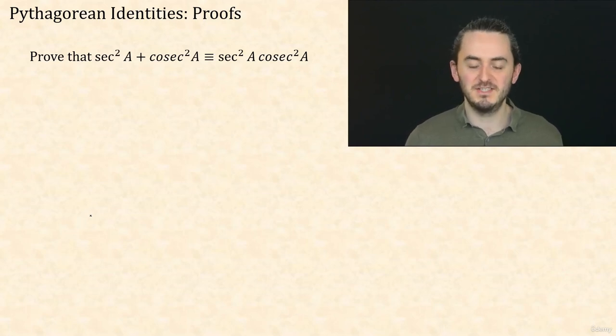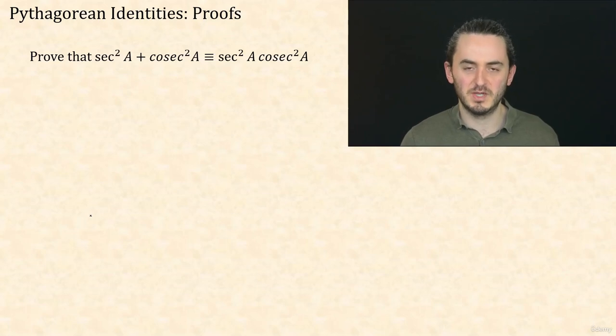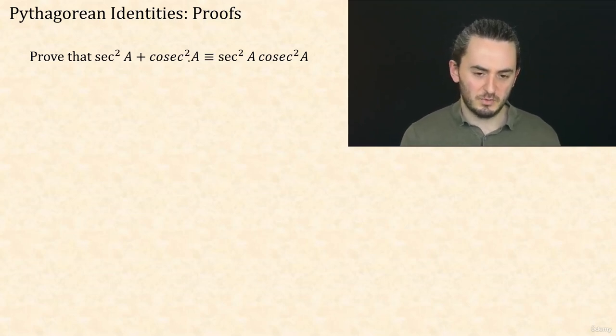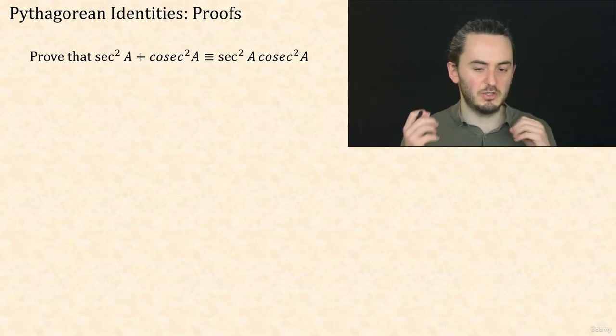Here it's not that they're different functions which we can relate using Pythagorean identities. It's that they're multiplied rather than added. A useful tip here is to think about structure. I've got two separate terms added together, and on the right they're all one term multiplied up.